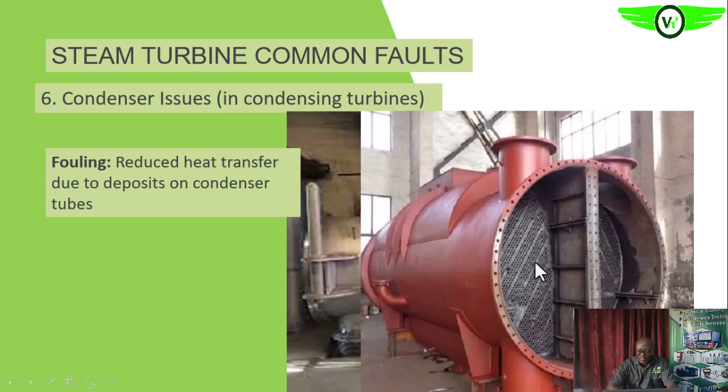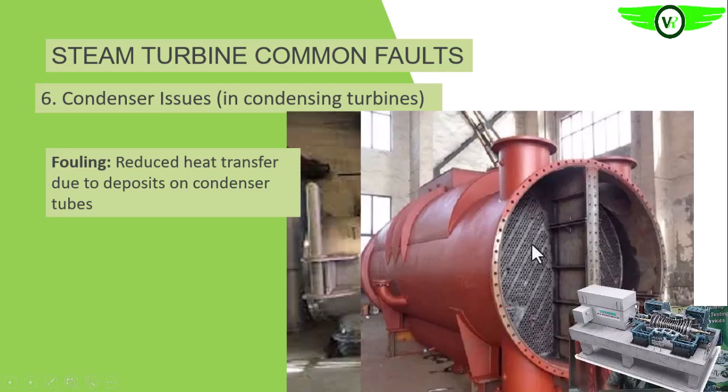So this is how you see it physically. That is the heat exchanger, the condenser. So you can see the tubes. If any of these tubes are fouled or blocked, that tube will not be able to exchange heat.